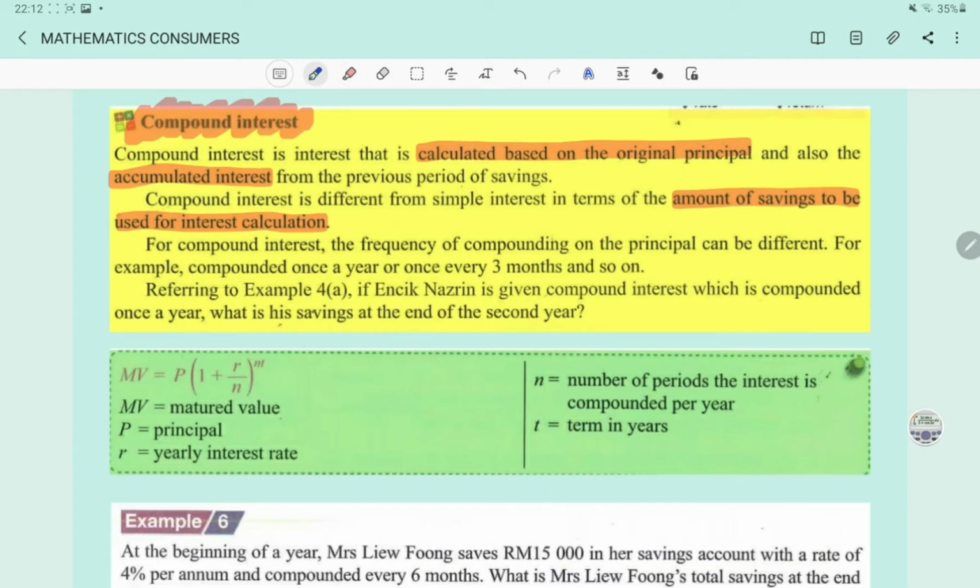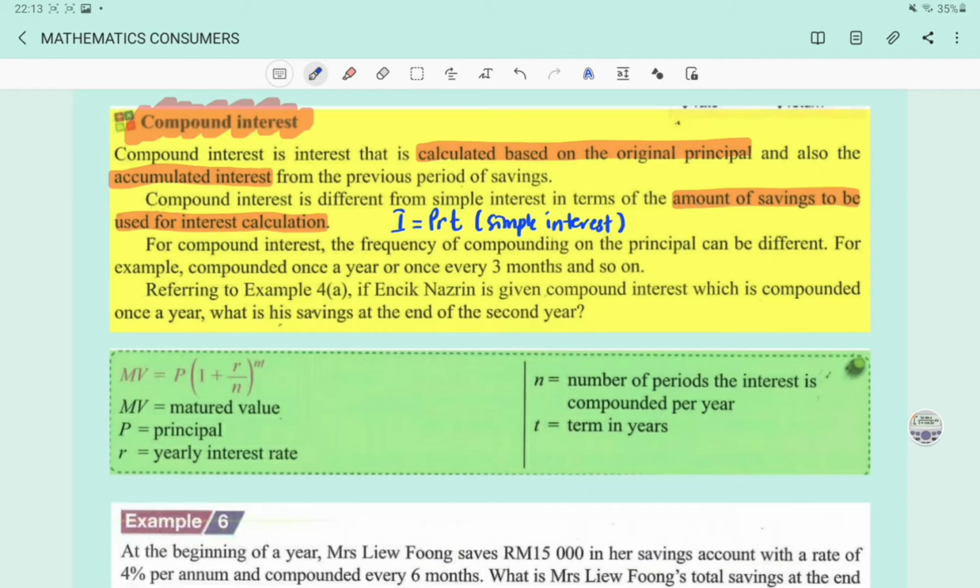Simple interest is I equals PRT, which you learned in the previous class. It doesn't include the accumulated interest.